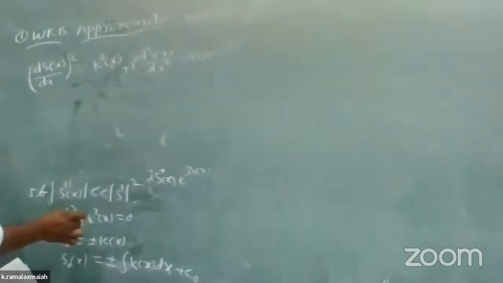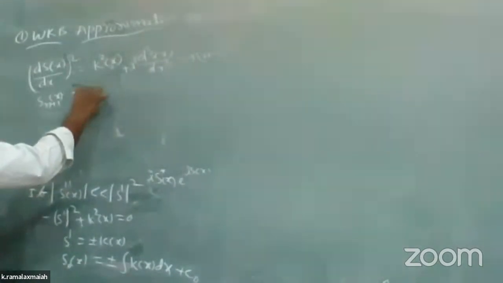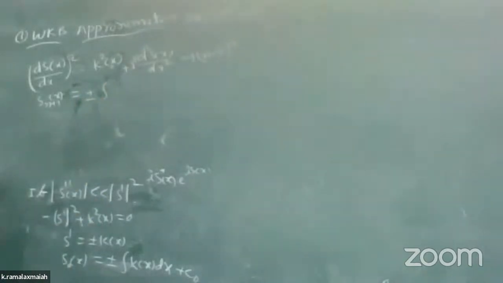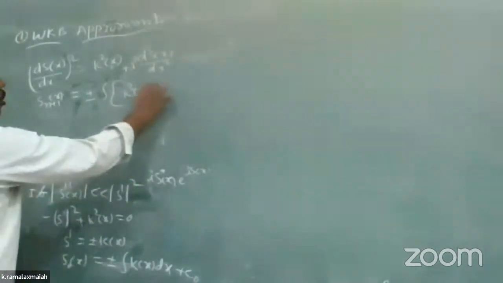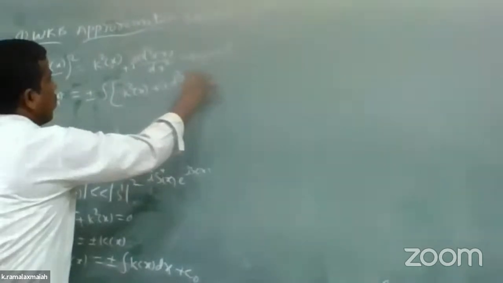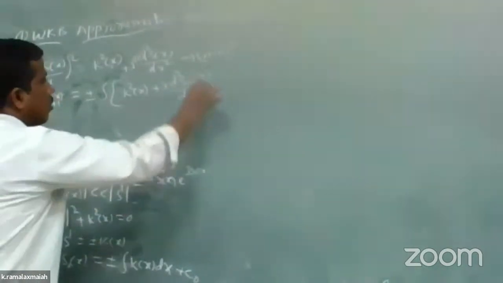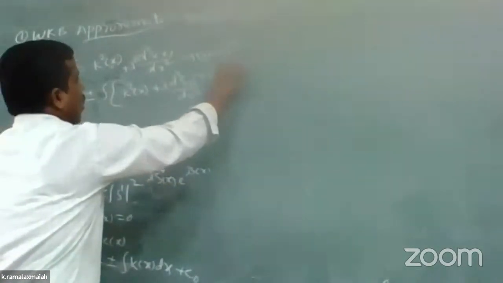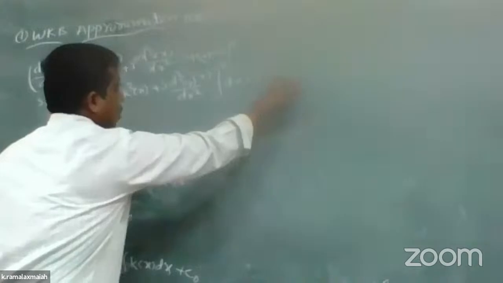So that is the formula to support this one. S_{n+1}(x) is equal to plus or minus real of the square root of k square of x plus i d square S_n of x by dx square equal to 1 by 2 dx plus c_{n+1}. This is the equation number.